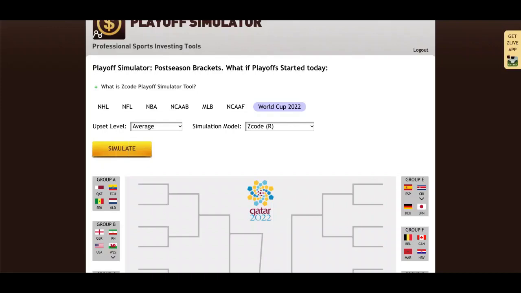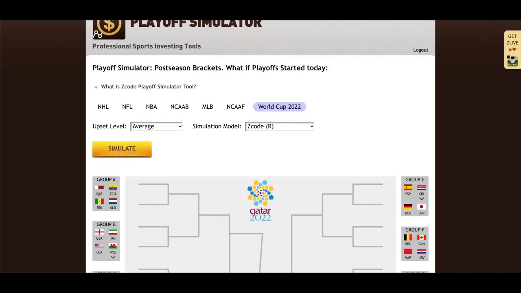You may not want to use all of the information that comes from the playoff simulator, but again, it's a tool that can help you make positive decisions on your bets, or perhaps reinforce some of the ideas that you have when making your bets for the World Cup.